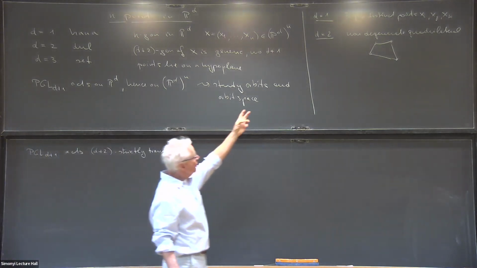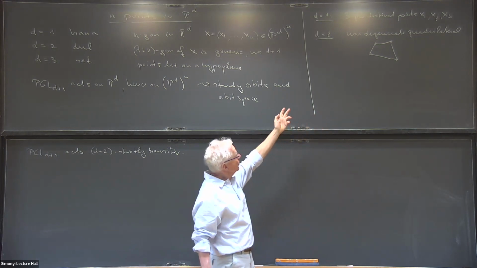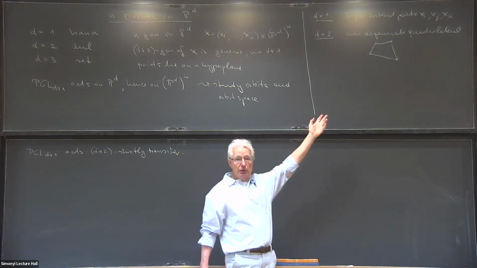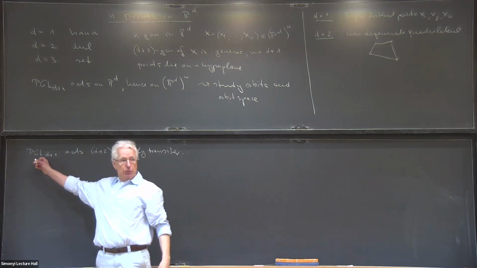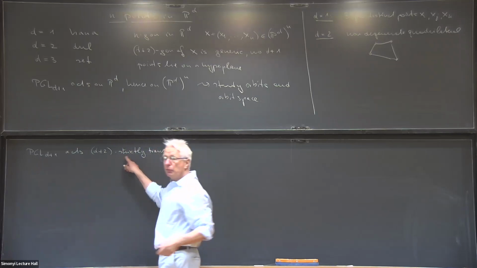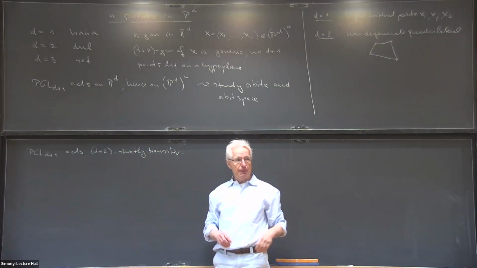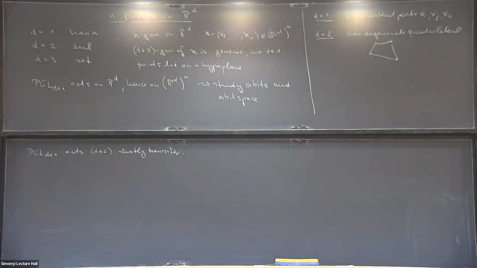Typically, 3 points can go to any 3 points if they are pairwise distinct. And the non-degenerate quadrilateral goes to any non-degenerate quadrilateral. And the element of PGL_{d+1} which does this is unique. This is the meaning of strictly transitive. This has to do with stability, appearing in the work of Deligne-Mumford and so on.